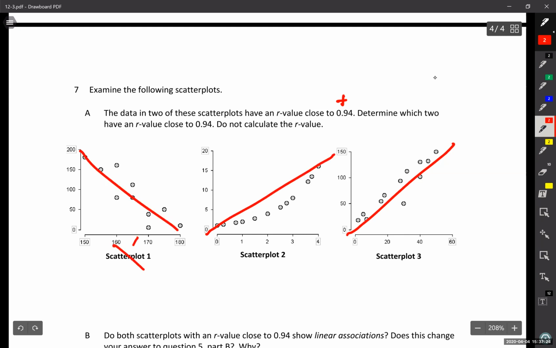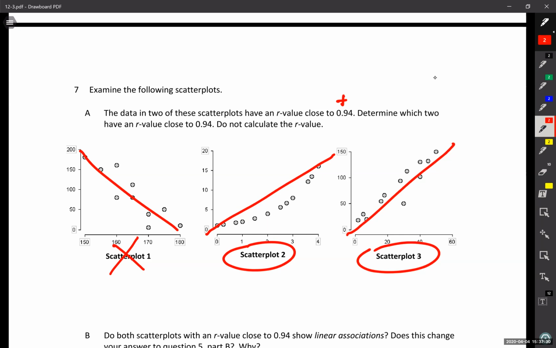So it's not scatter plot 1, it's scatter plot 2 and 3. 0.94 means it follows the pattern of a straight line going up. There's definitely deviation because 0.94 is not equal to 1, but it's pretty close, so the dots are going to form pretty close to a straight line.